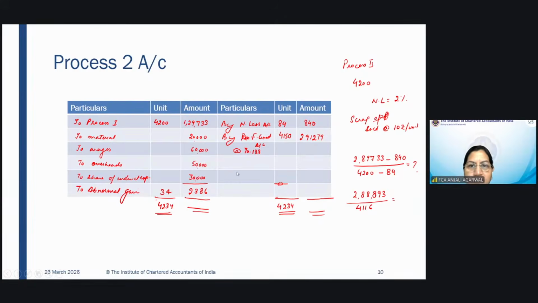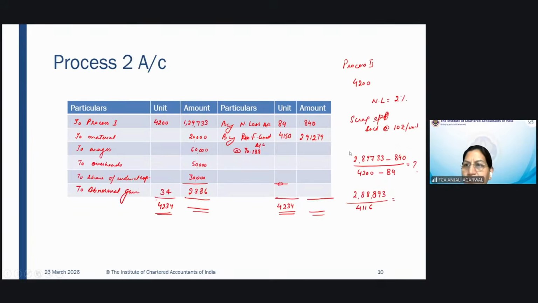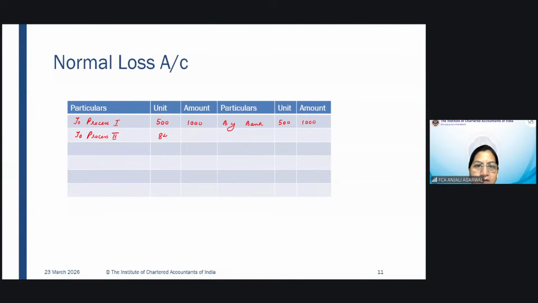Okay. So when you're preparing the normal loss account, in this normal loss account you can see process 2, 84 units, which will give you 840. But because you don't have scrap of 840 to sell, the scrapped units are only 50.